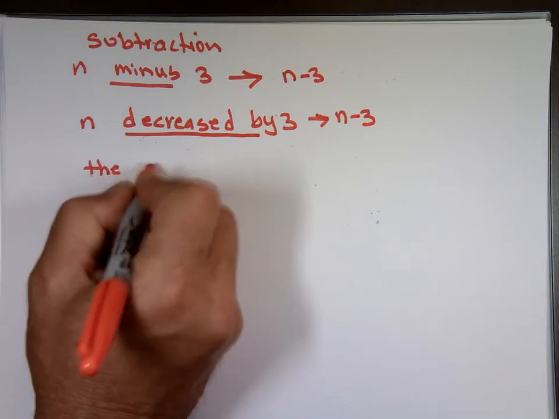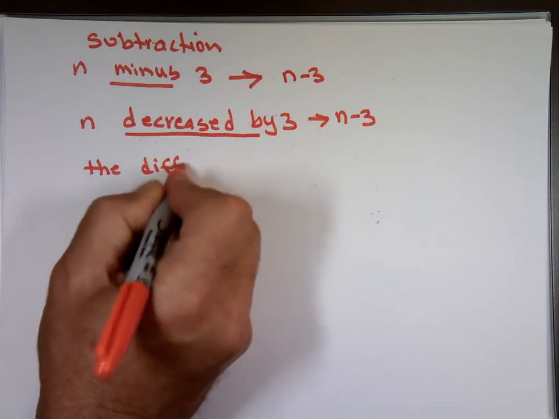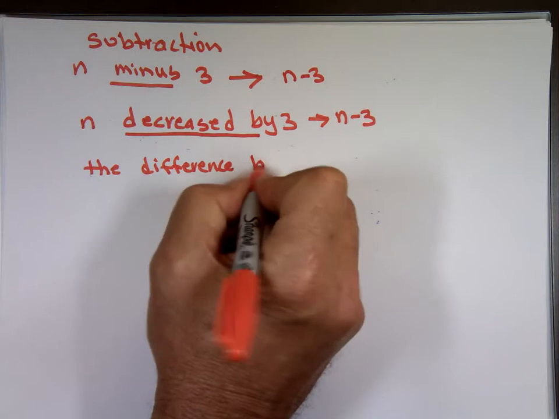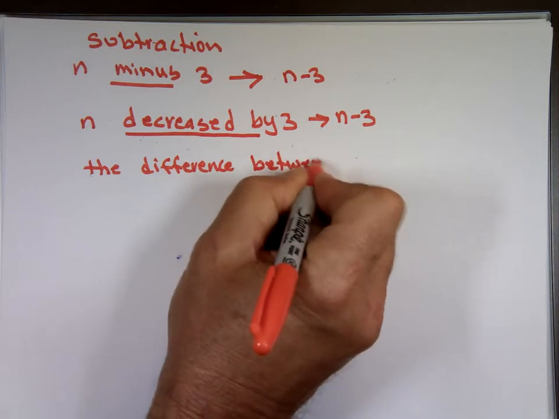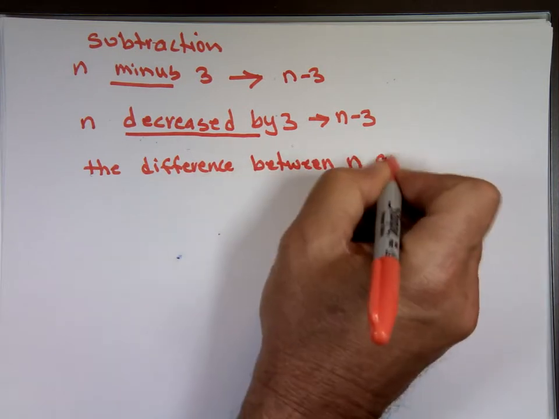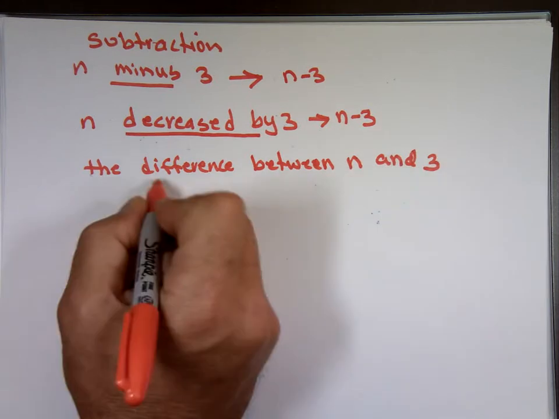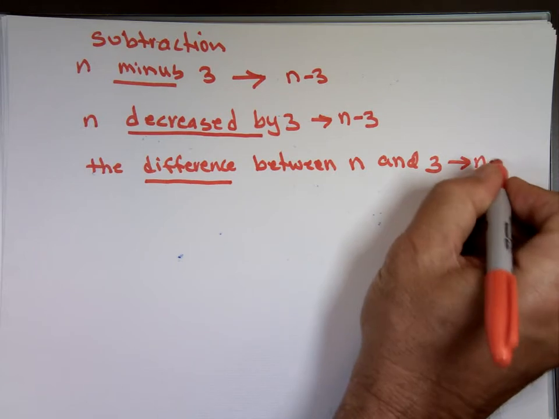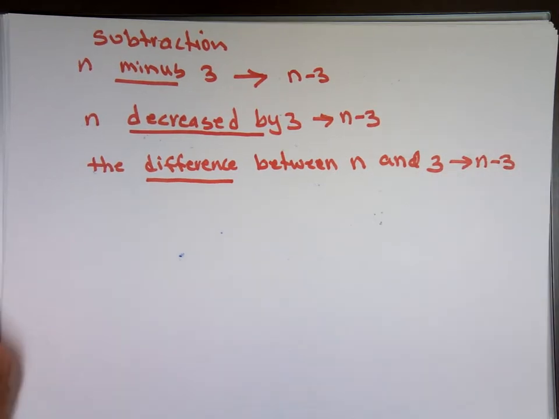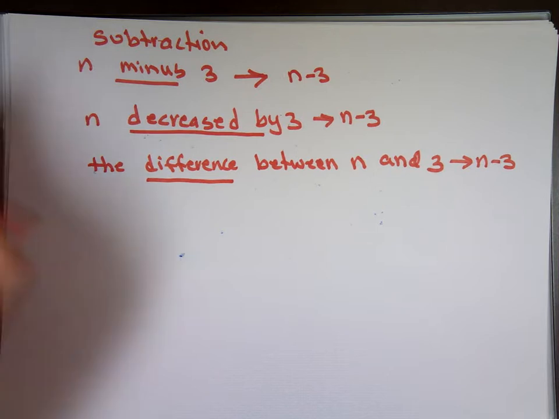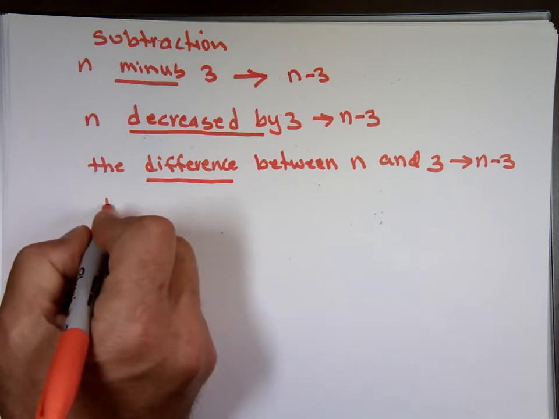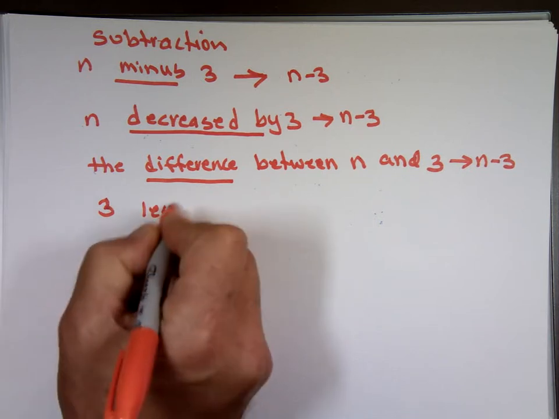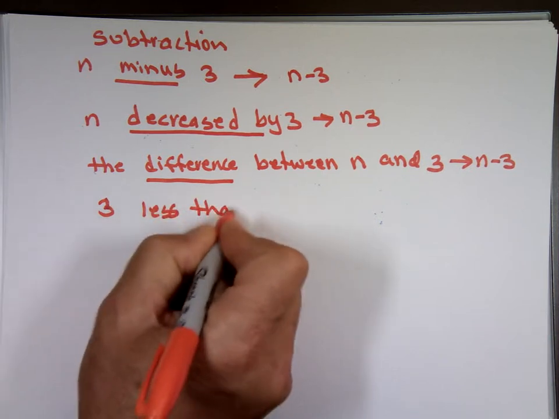The difference between n and 3. The difference means also what? Subtraction. We had more than in the other one, so guess what we have here? 3 less than n.